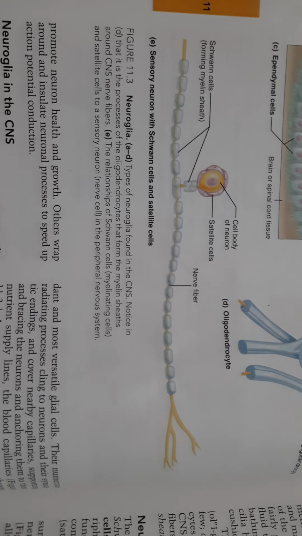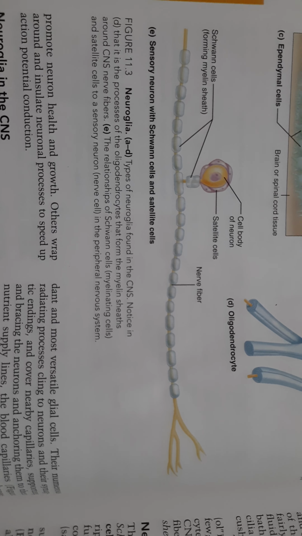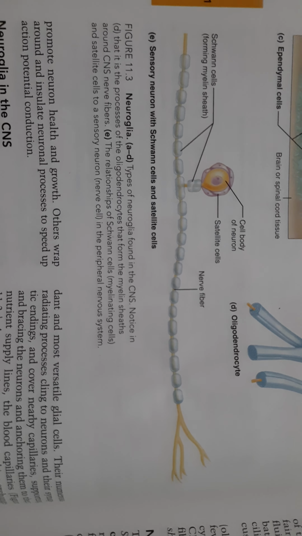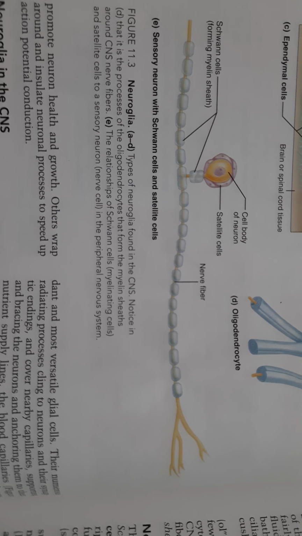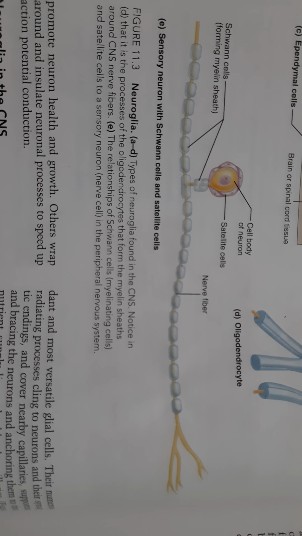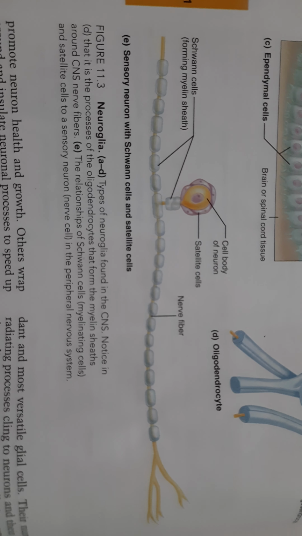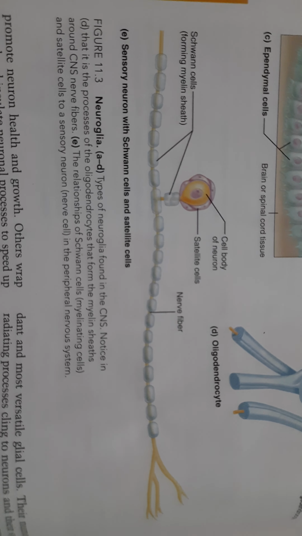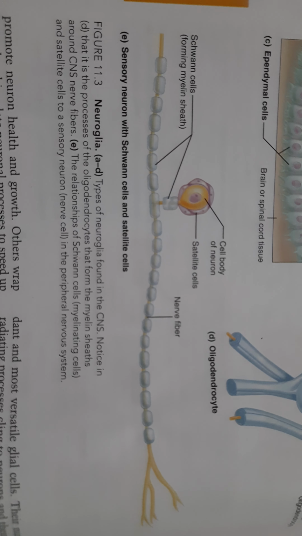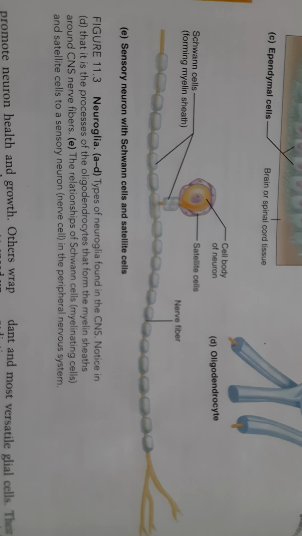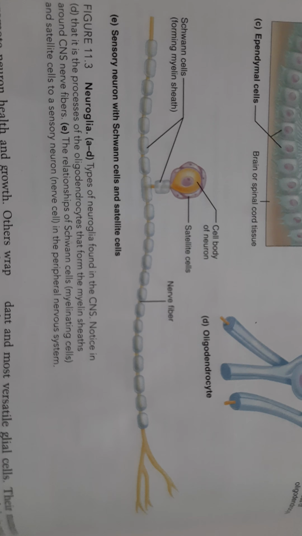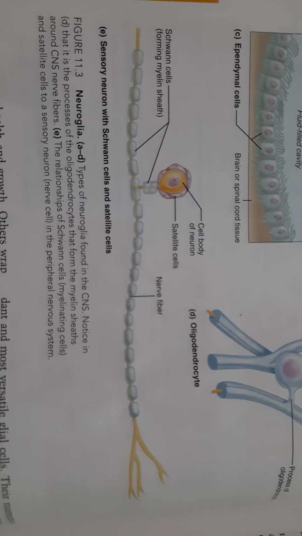And secondly, in the peripheral nervous system, there are two types of glial cells. The first are the Schwann cells, I don't know the pronunciation. These form the myelin sheath in the peripheral nervous system.